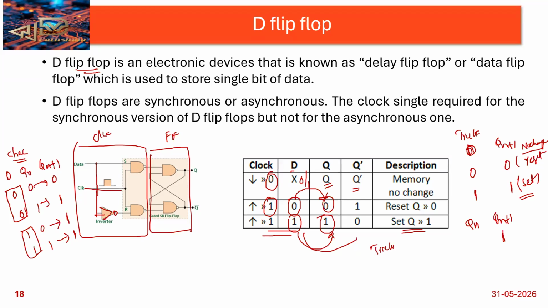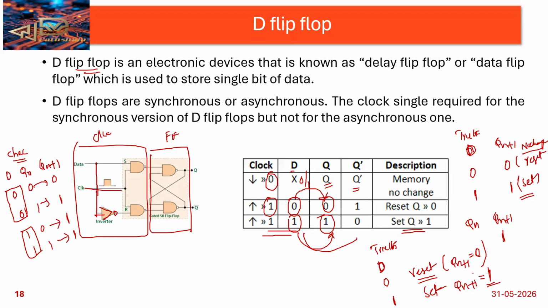I am explaining that. So truth table D is 0 value, that is reset condition. Reset condition means Qn plus 1 equal to 0. Whatever the Qn value is there, that Qn is 0 or 1, I don't care about that. So that reset condition, this is D value. And whenever 1 we are giving that set condition, that means Qn plus 1 equal to set to 1.